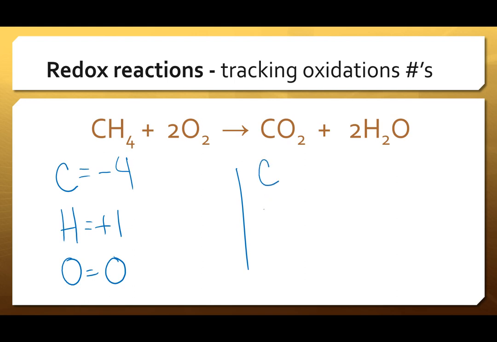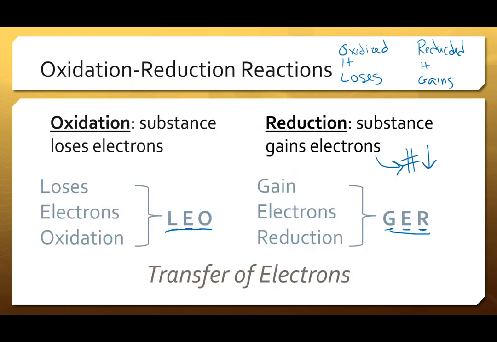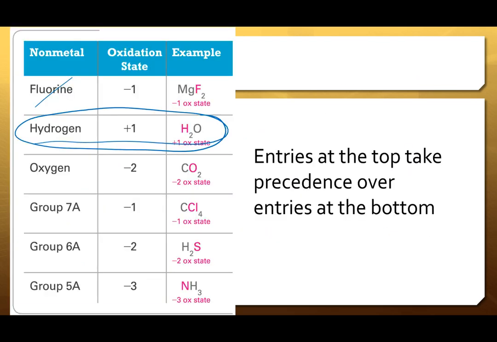So let's go to the other side. Now I'm going to break oxygen up because I see it in 2 different places, and there's a possibility that the oxidation number might be different for both of those. So I want to make sure that I break them apart. Let's look first at carbon dioxide. Carbon dioxide is a nonmetal and a nonmetal, so we go to our nonmetal rules.